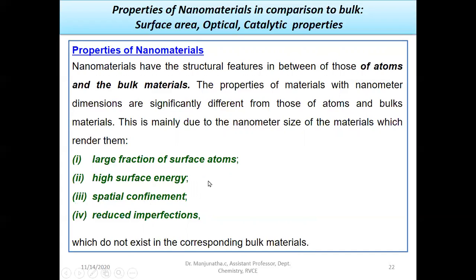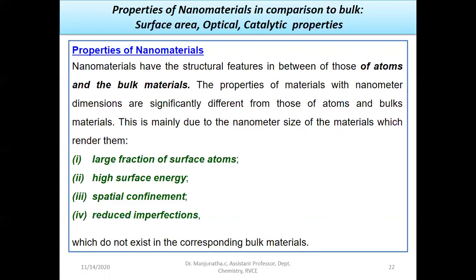When a bulk material is broken down to nano level, the movement of electrons is restricted. For example, if you take a 1 centimeter gold rod, an electron can move throughout that 1 centimeter. If you break it down into nano, that same electron cannot go beyond a nanometer.